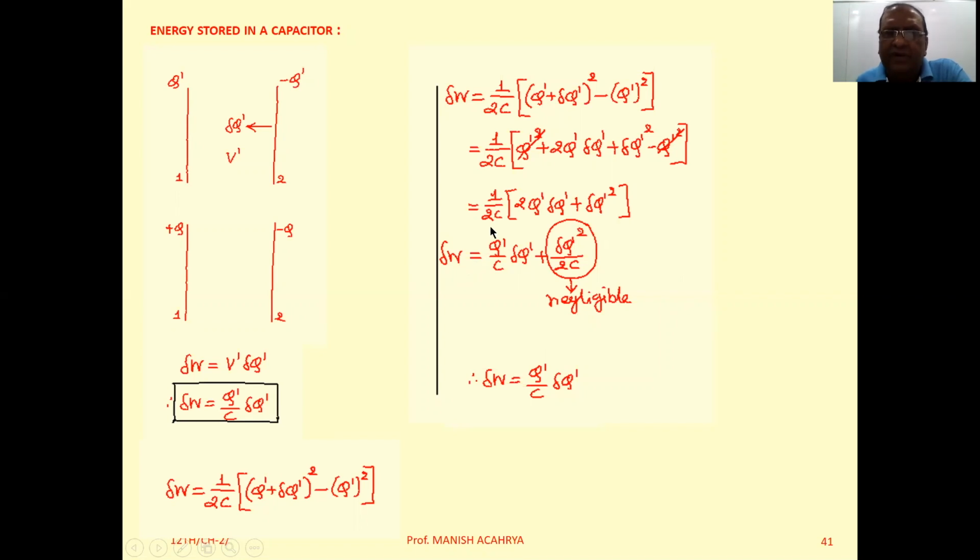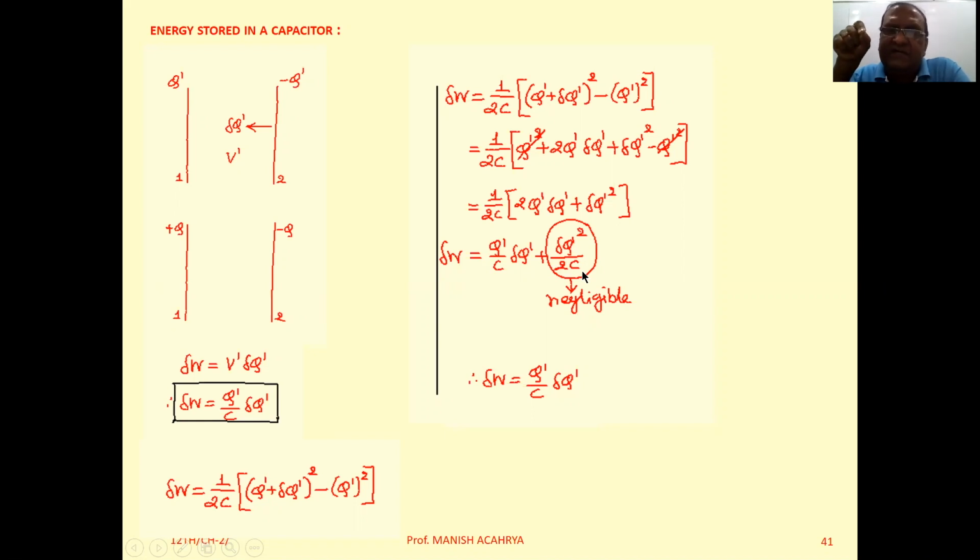Now take this 2C inside the bracket. In the first step, 2 cancels, so delta W is equal to q dash by C into delta q dash, plus the second term, delta q dash square by 2C.